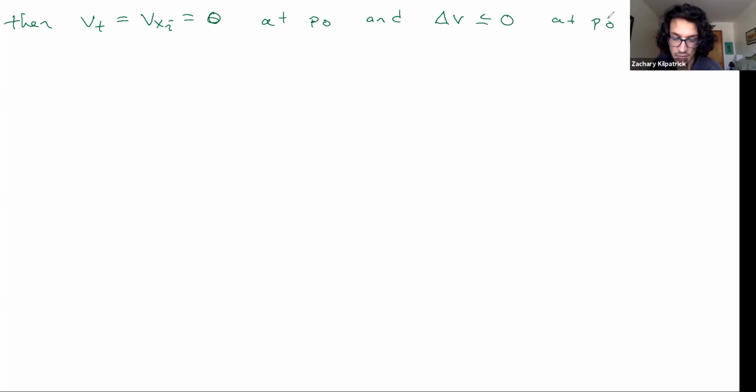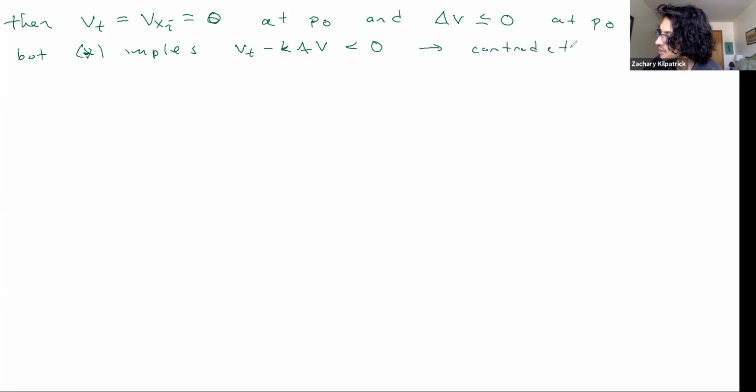Well, remember that star implies that v sub t minus k Laplacian of v is strictly less than 0, okay? So this brings about a contradiction, right? Because if this thing is less than or equal to 0 and v sub t is 0, that would imply that v sub t minus k Laplacian of v is greater than or equal to 0, which is in violation of the thing that we wrote down before, okay?